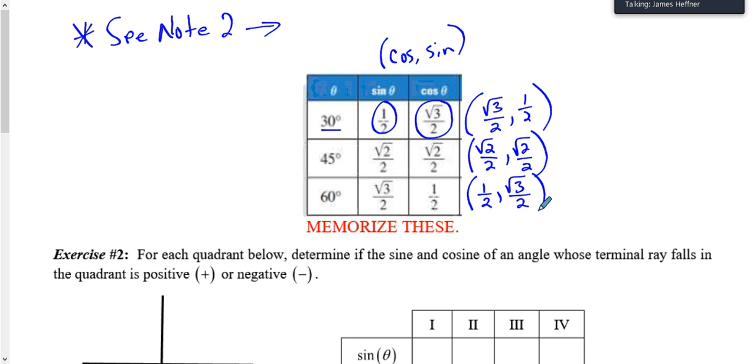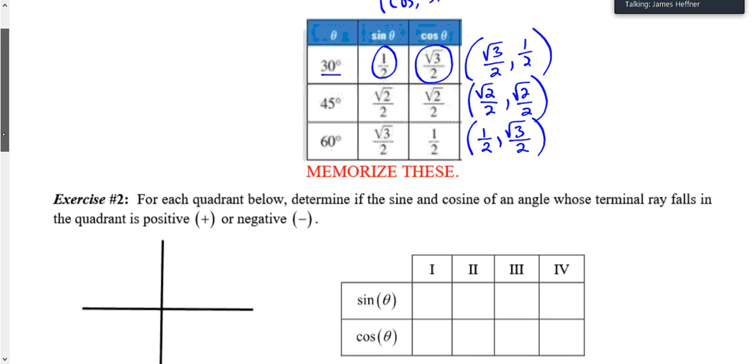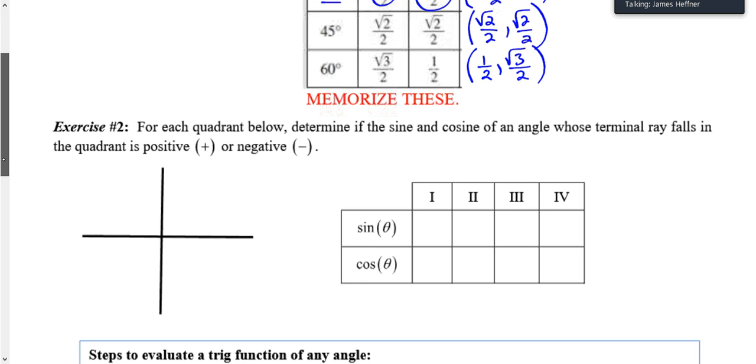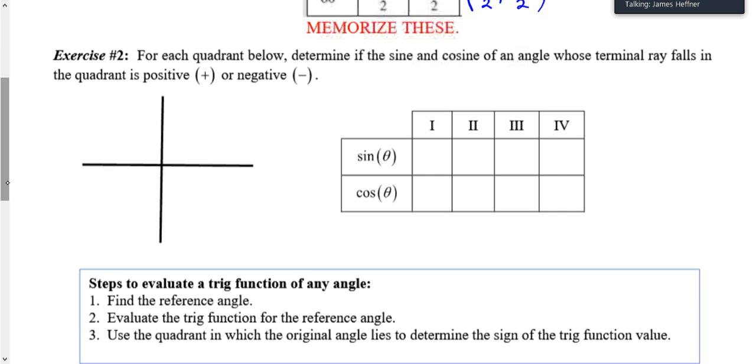Now let's talk about whether the sine and cosine will be positive or negative. So take a look at this diagram. We're going to fill out this chart, depending on the quadrant we're in. This is quadrant 1. And I don't like to have you memorize this stuff. It's better if you can just figure it out. It's not hard. So remember, the x-axis is cosine, is it not?